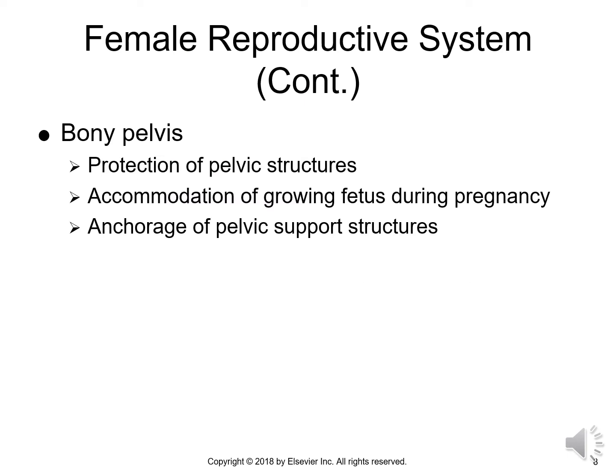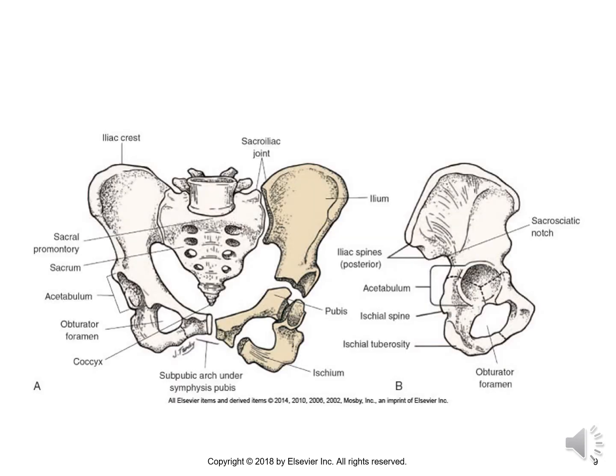The bony pelvis serves three purposes: protection of pelvic structures, accommodation of the growing fetus during pregnancy, and anchorage of the pelvic support structures. This picture is in your books on page 35, and on the left you have the adult female bony pelvis, anterior view, and on the right it shows an external view of inanimate bones that are fused.